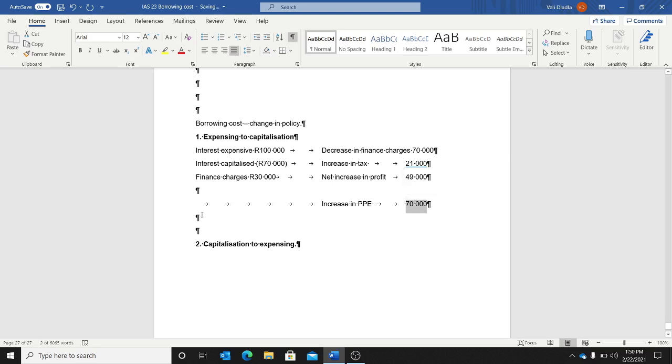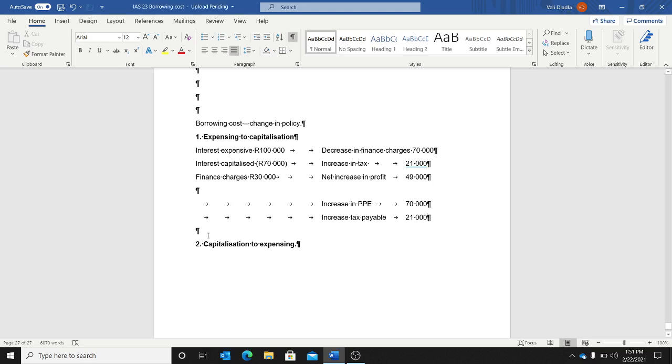Then, once PPE has increased, that will also increase your tax payable. I'm just demonstrating this with 1 year.